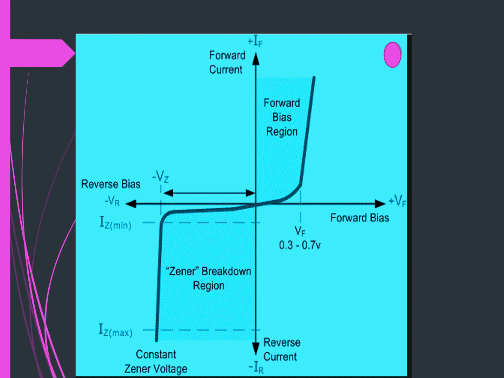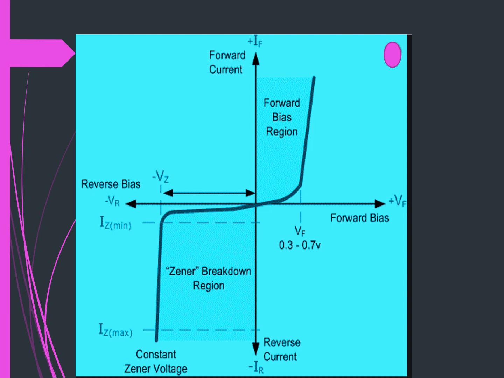Whereas if it is lightly doped, the breakdown occurs at high voltage. Next, the reverse voltage at which the breakdown occurs is called Zener voltage.